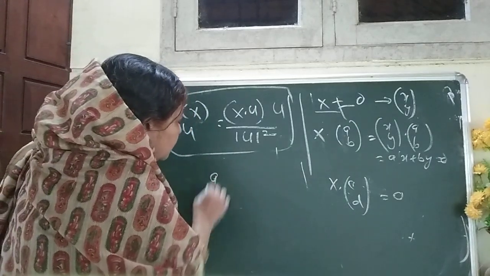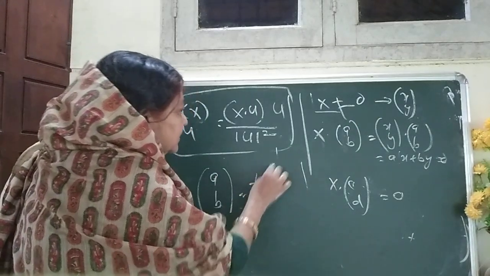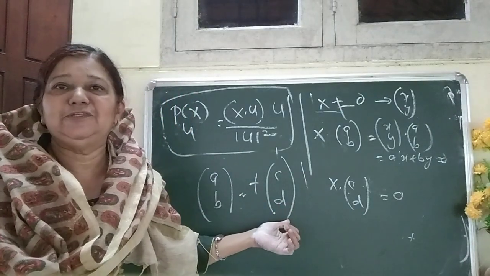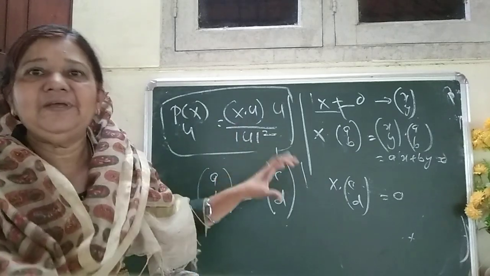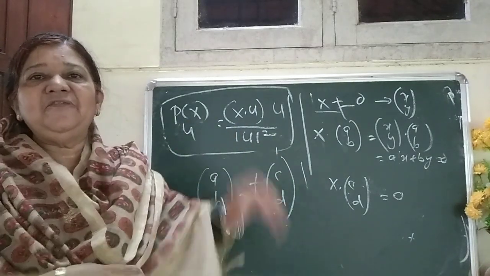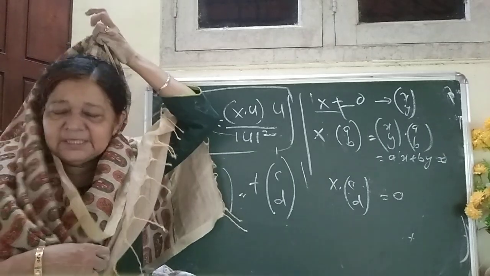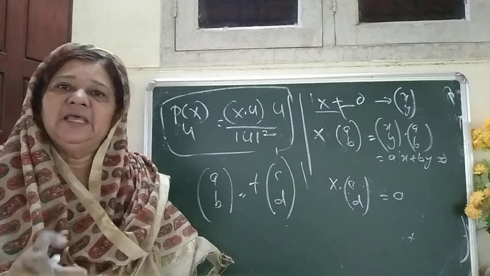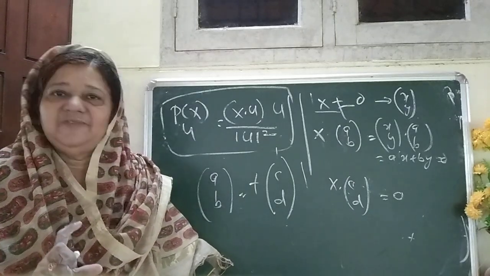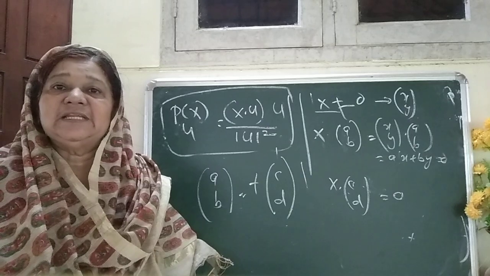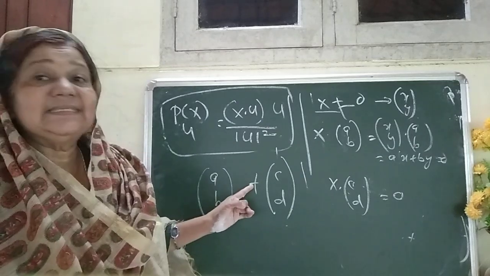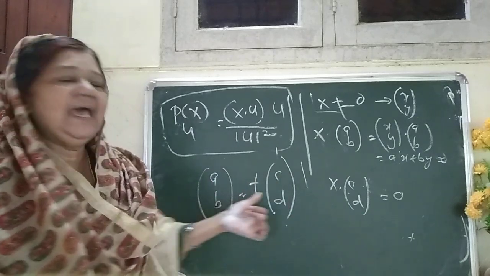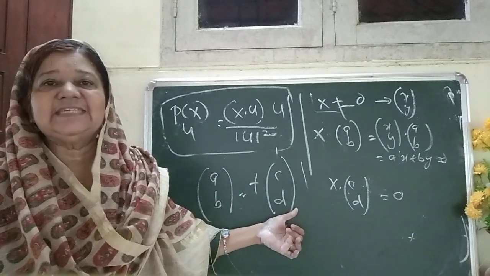Therefore, there must exist a constant T such that the vector (a, b) equals T into (c, d). So for every system of equations, we have trivial and non-trivial solutions. Every system has the trivial solution, but a non-trivial solution exists only when there exists a constant T such that a equals T into c and b equals T into d.